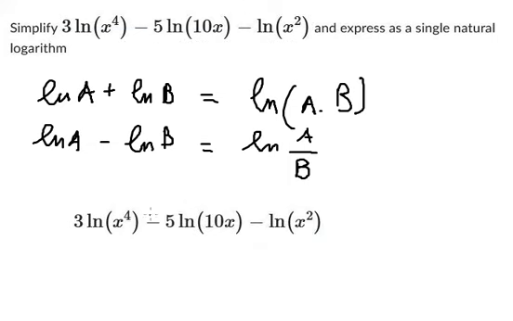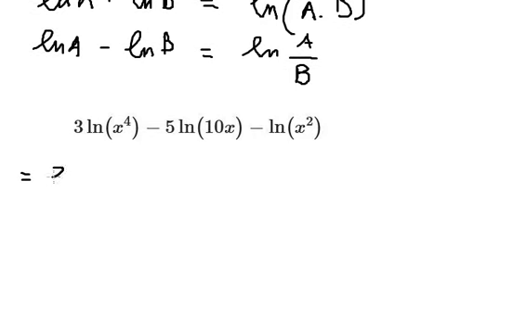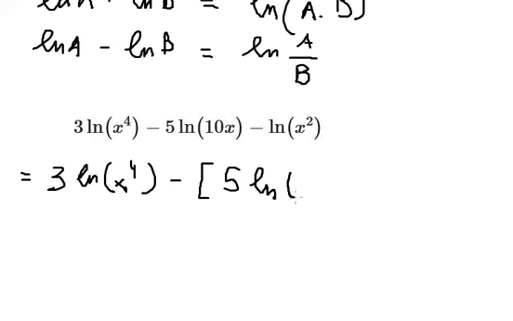So we have negative, so we can put like this. So we know that number 5 in here we can put inside the natural log.